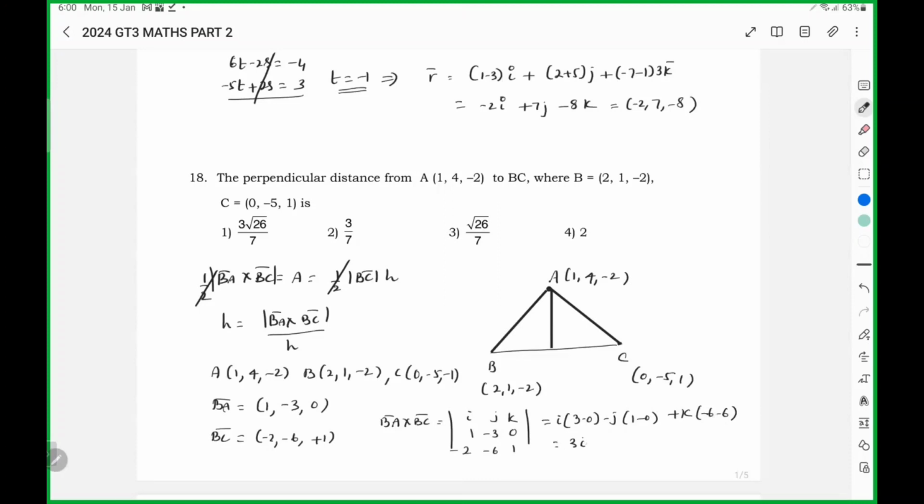So here 3i minus j minus 12k. So the magnitude of BA cross BC will be root of 9 plus 1 plus 144, root 159. BC magnitude is root of 4 plus 36 plus 1, root 41.